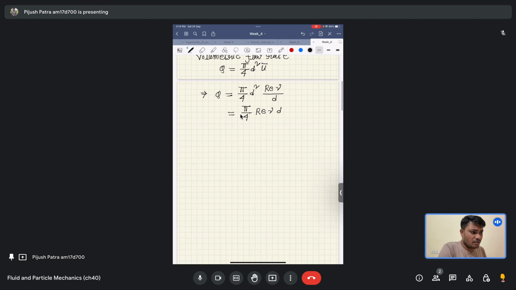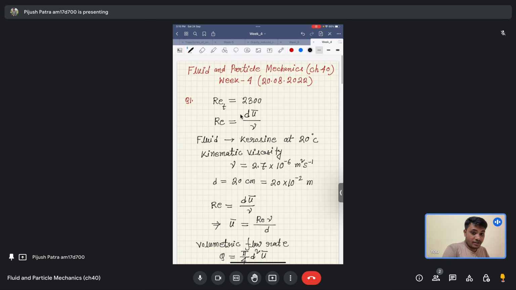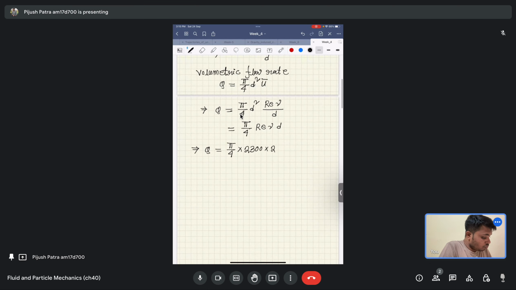It's a very simple problem, as you can see. So Q is pi by 4 into Re, which is 2300, into nu, which is 2.7 into 10 raised to minus 6, into d, which is 20 into 10 raised to minus 2, 20 centimeters.